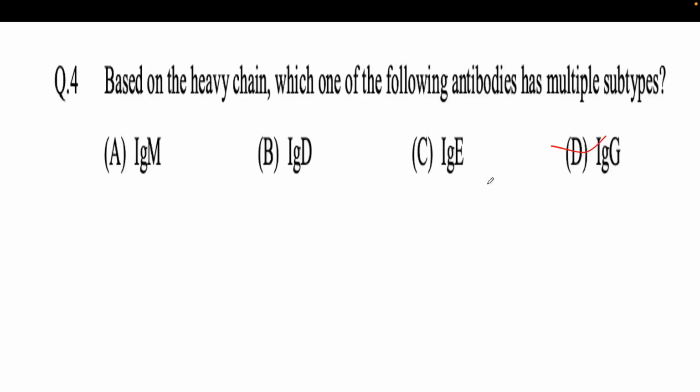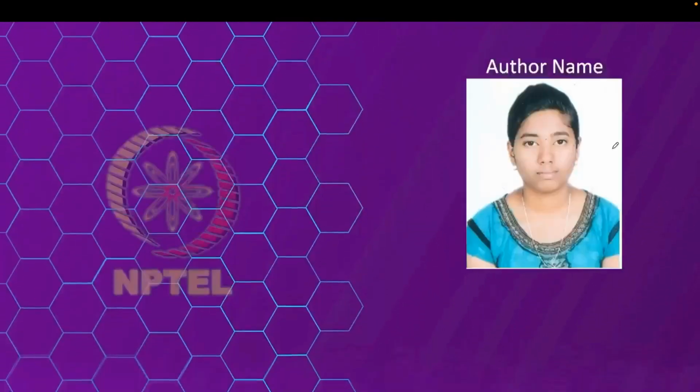IgE is basically for parasitic infection or allergic reaction. So IgG and IgA have the subtypes, and since only IgG is given in the options, that is the correct answer.